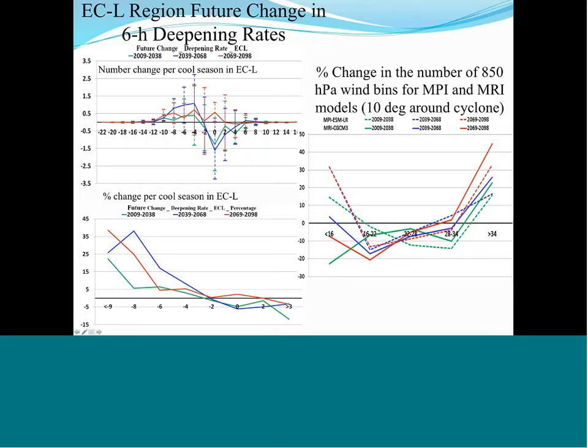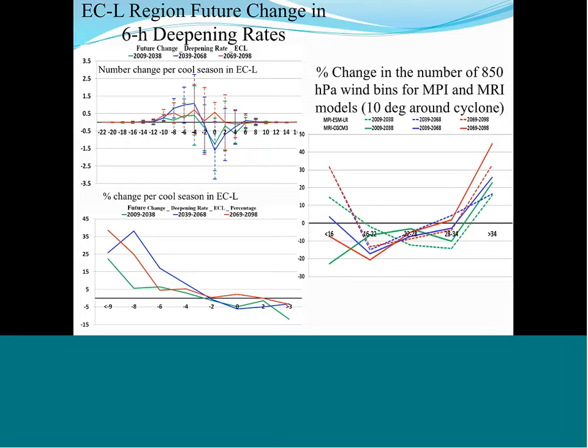We're focusing in here on this ECL region, basically that region just along the coast or just inland of the coast. We've been looking at some other parameters besides pressure, and this is work in progress, but we downloaded 2 out of the 7 CMIP5 best 7 models so far, looking at the 850 millibar wind change.